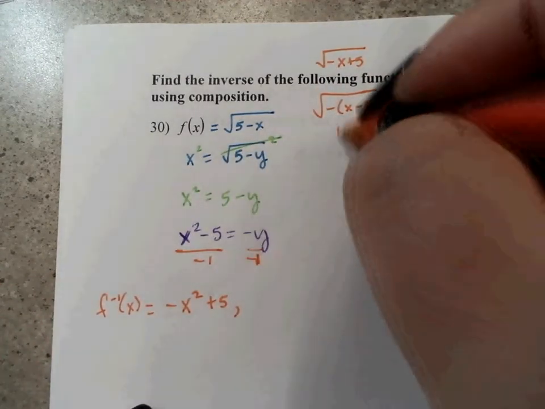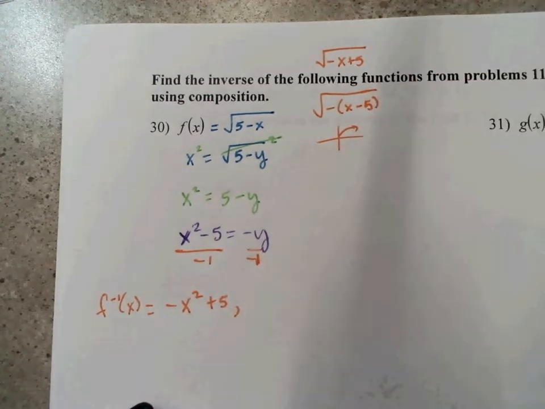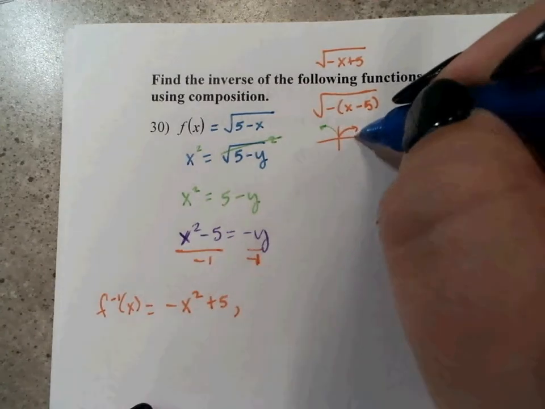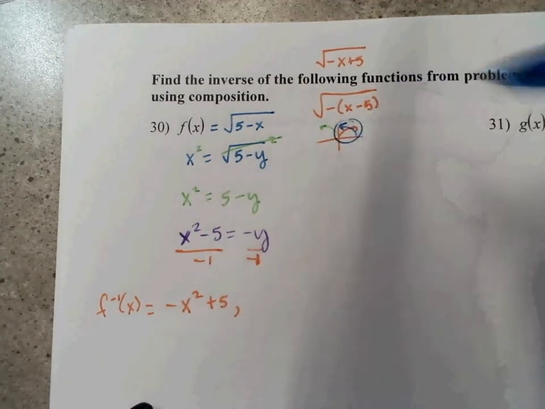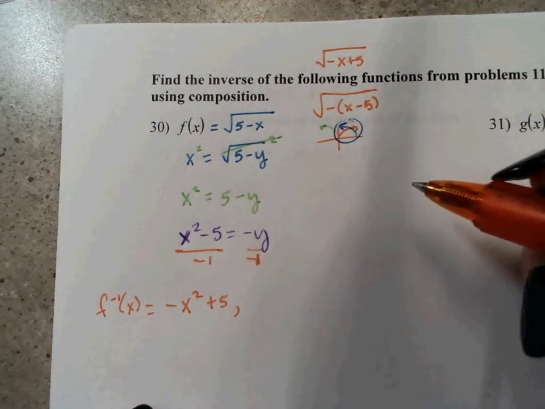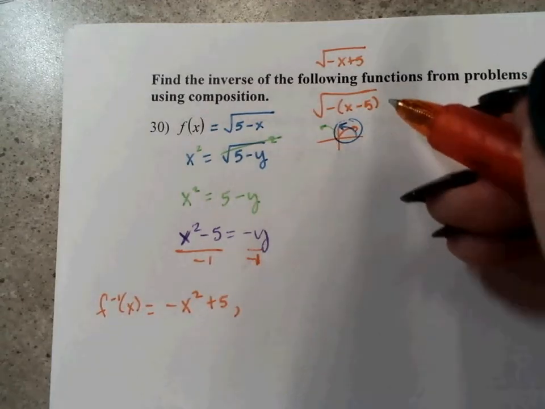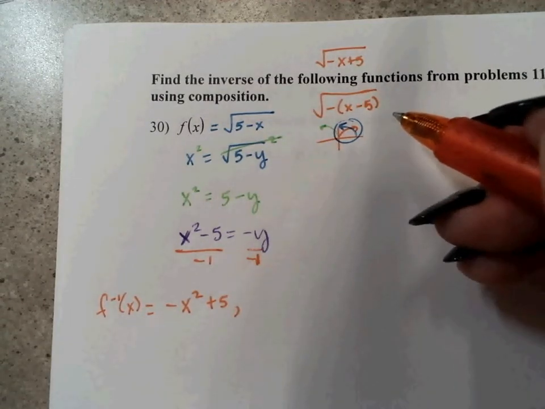It was a square root, flipped over the y, and then shifted to the right 5. So this is the function that we're dealing with. Even though it's going left, it is the positive square root.